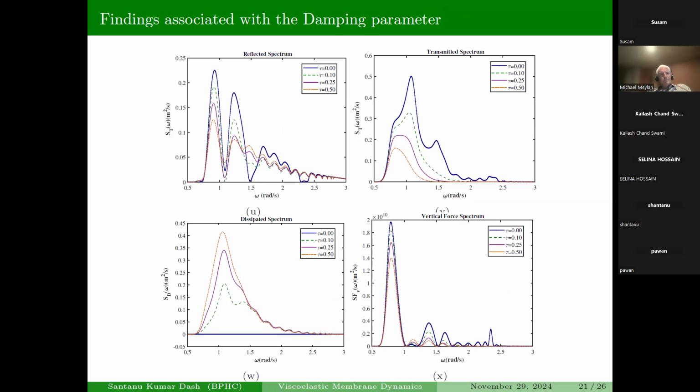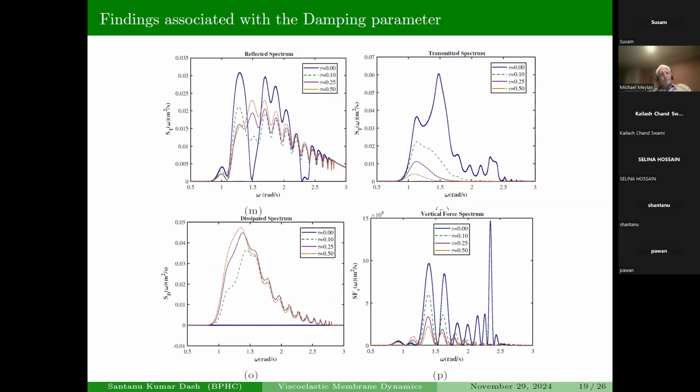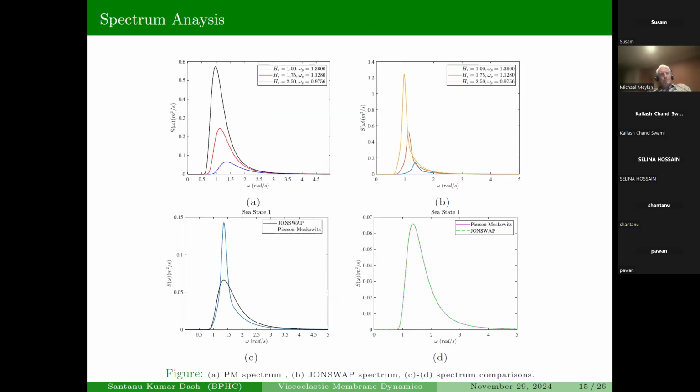Why? Because if you look at the spectral figure, within the range of 0.5 to 1.5, the distribution for sea state 3 is higher compared to sea state 1. And in that region, the peak distribution is there. So as a result, the spectral distribution is higher for the higher sea states.